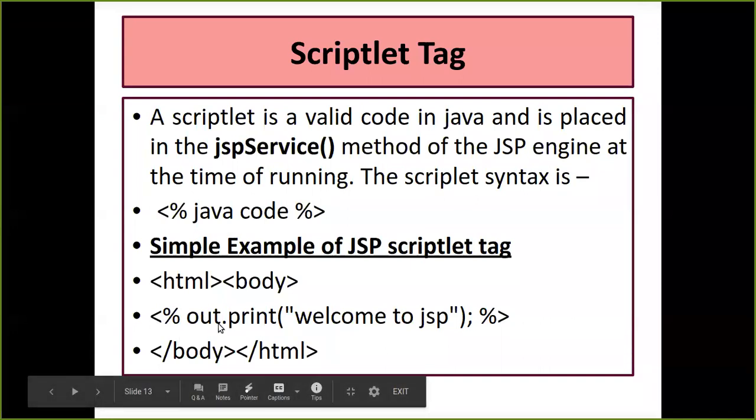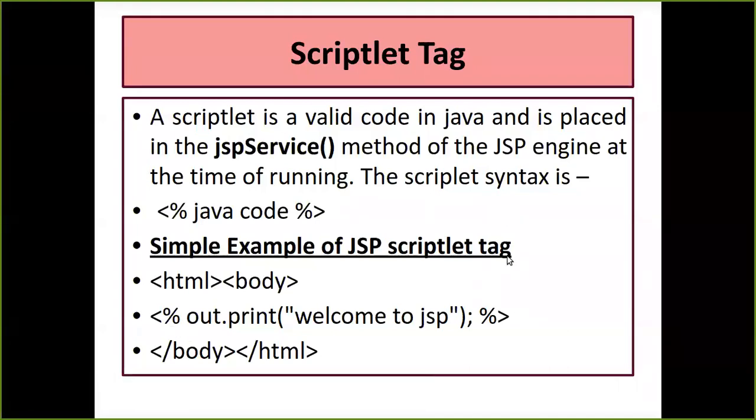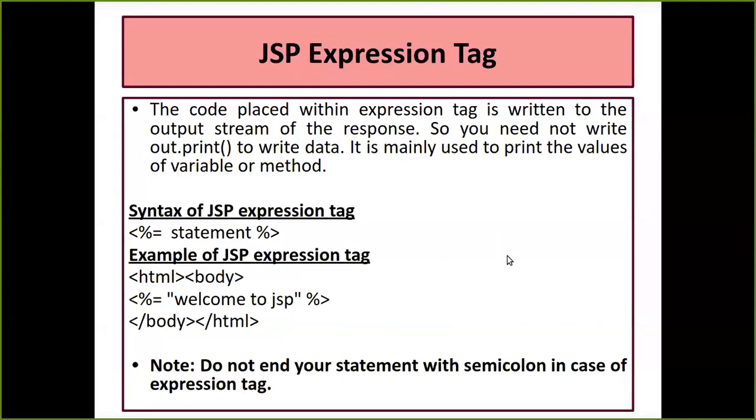So we make use of the scriptlet tag, using this specific syntax: you start with the percentage sign and write a Java statement. We are considering this like one JSP file where we are embedding our Java statement. It is allowed because we are making use of the scriptlet tag. This is how you make use of the JSP service method and the scriptlet tag.